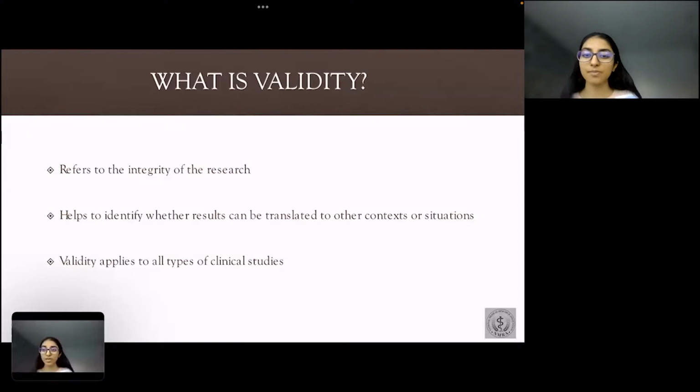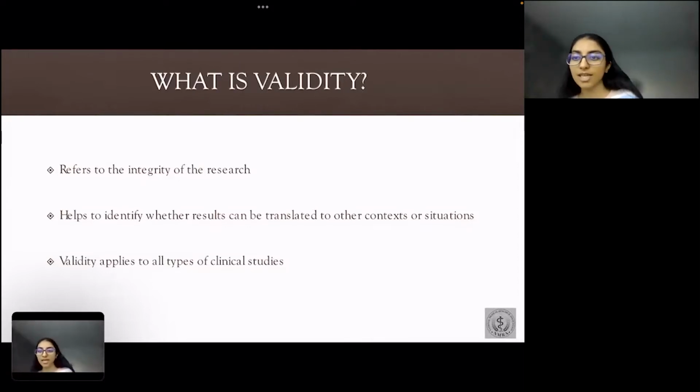In simple terms, it tells you how representative the results among the study participants are compared to similar individuals outside of that study.